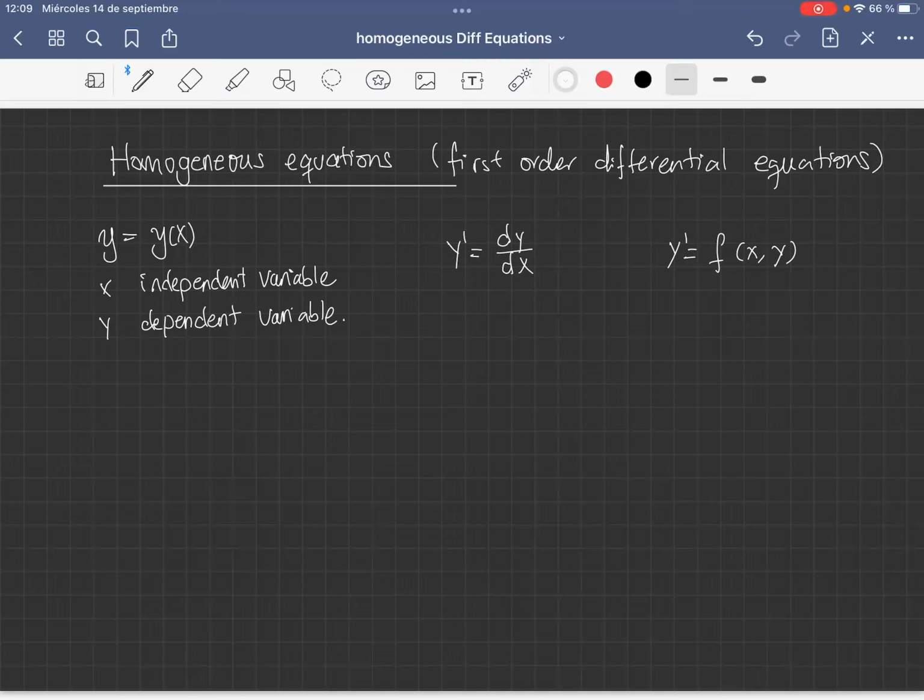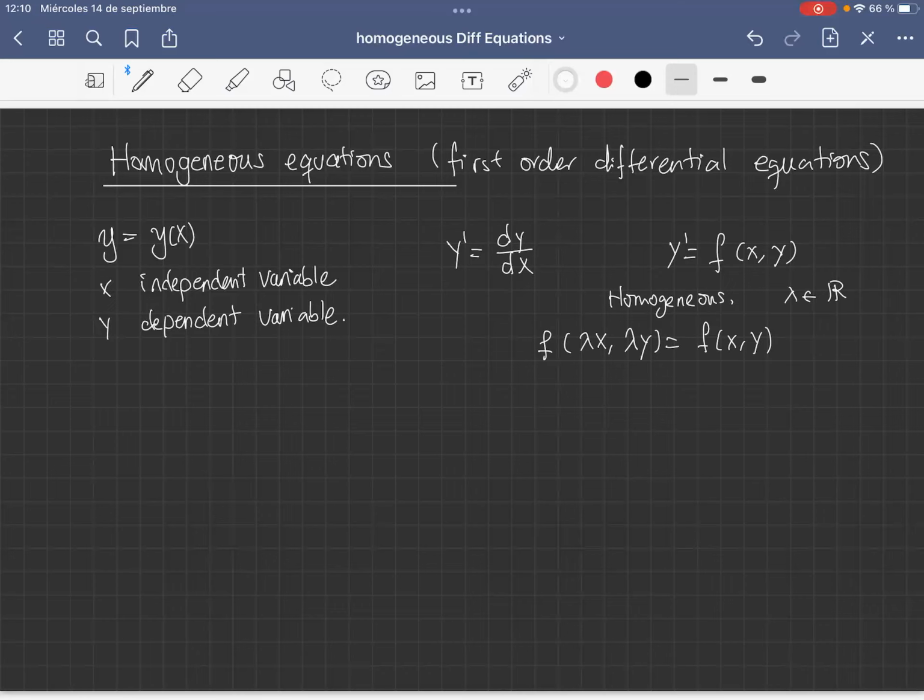In order for one of these differential equations to be homogeneous, given a lambda, if we rescale the variables by lambda, that means that where it was x, we have lambda x, and where it was y, we have lambda y, we have to obtain f of x, y again. That means that the function is homogeneous. Basically, it means that all the factors have the same degree. We will see that with a little example.